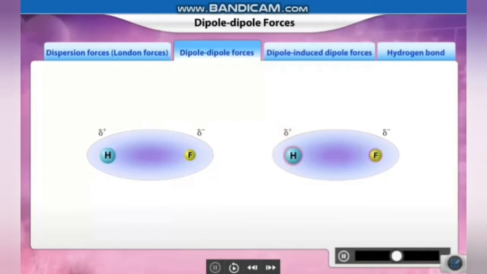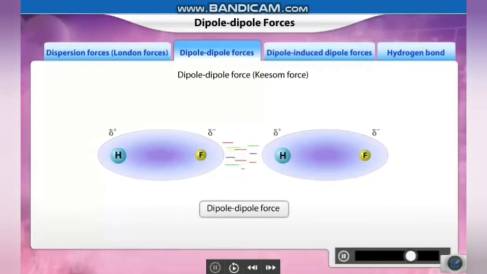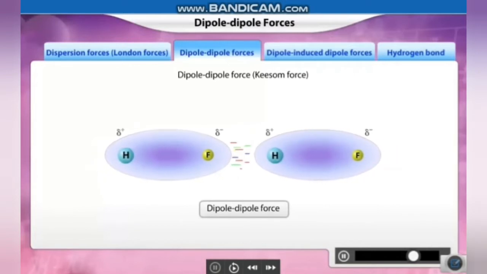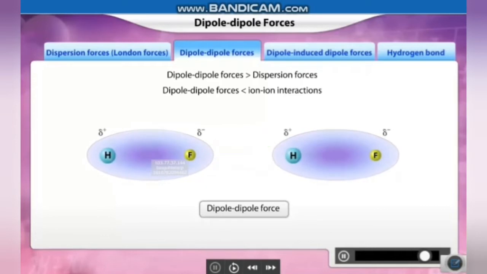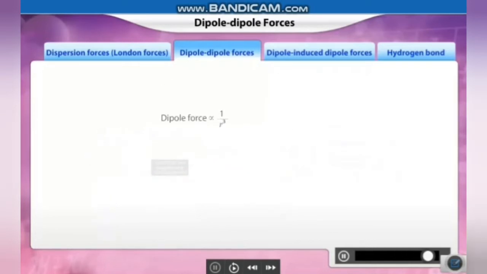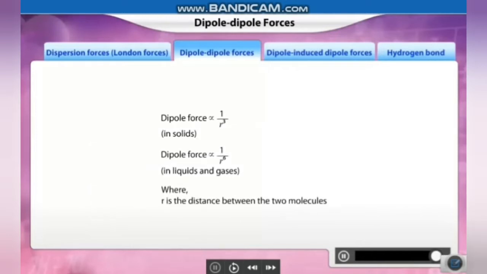Now when another HF molecule comes in contact, the delta negative charge attracts the delta positive charge of the hydrogen in the next molecule. Such forces are called dipole-dipole forces or Keesom forces. Here, the dipole-dipole forces are greater than dispersion forces, but they are weaker than the ion-ion interaction. It is inversely proportional to the cube of the distance between the molecules.